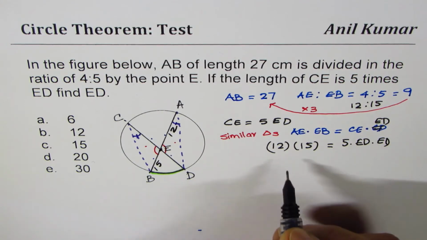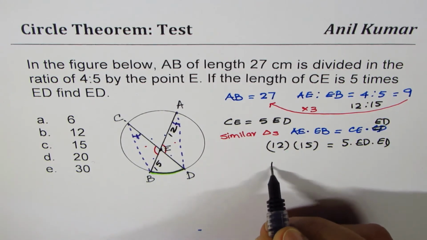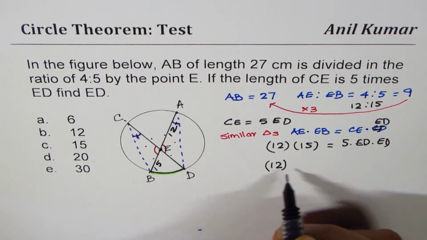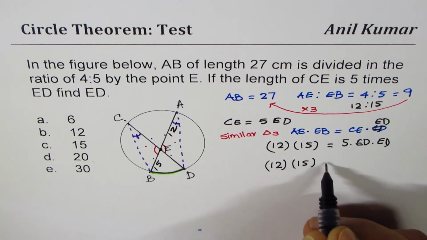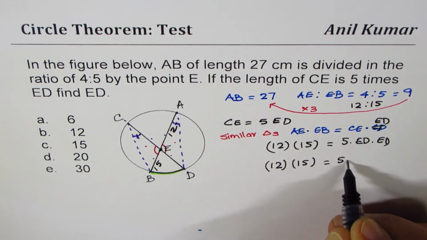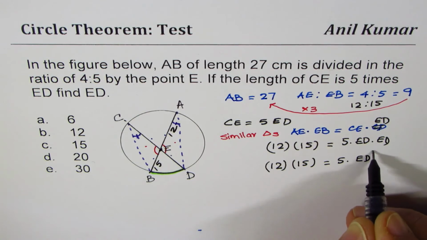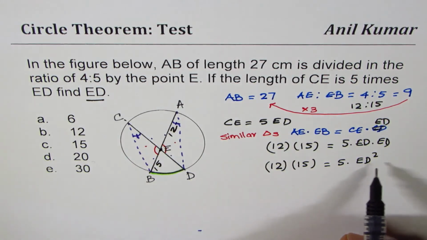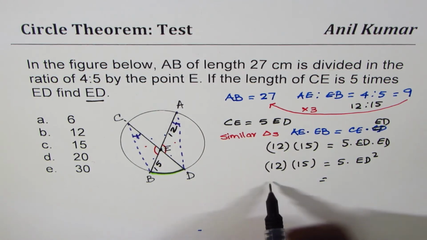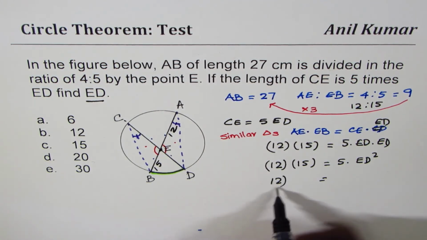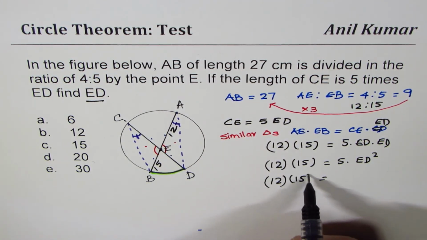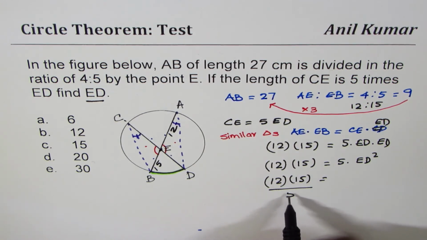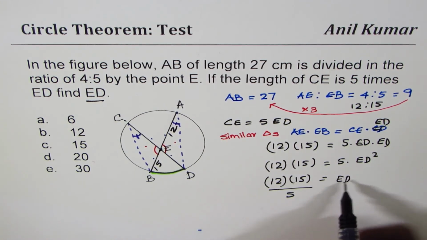So these are lengths we're talking about, so I'm not multiplying anything. In many tests you're not even allowed to have a calculator, so keep that in mind. So it is 5 times ED squared. Is it okay? And that is what we need to find. What is the length of ED? So now you can write this as 12 times 15 divided by 5, right? That is ED squared.